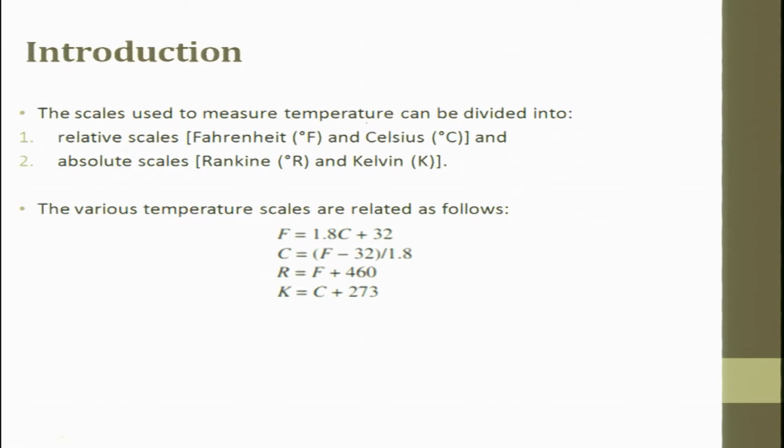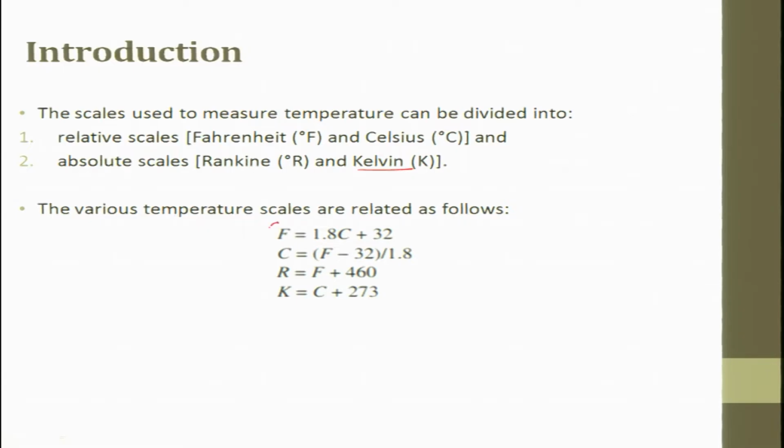The scales used to measure temperatures can be divided into relative scale, that means to say Fahrenheit and Celsius, and absolute scale, which is Rankine and Kelvin. So, the measurement of temperature can be divided into two types, relative scale and absolute scale, Fahrenheit and Celsius, then Rankine and Kelvin.